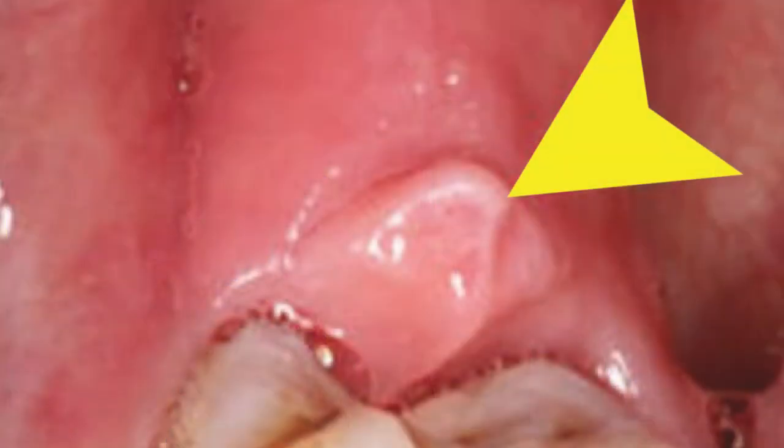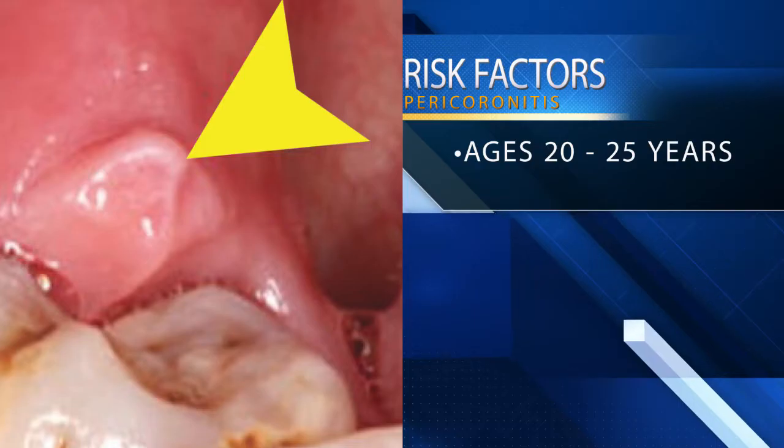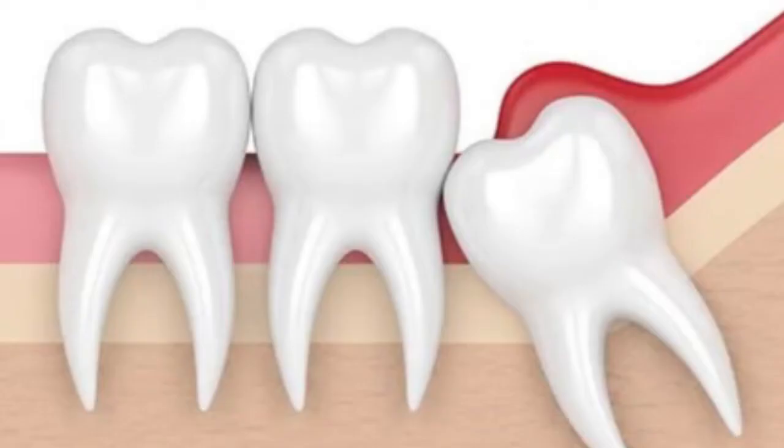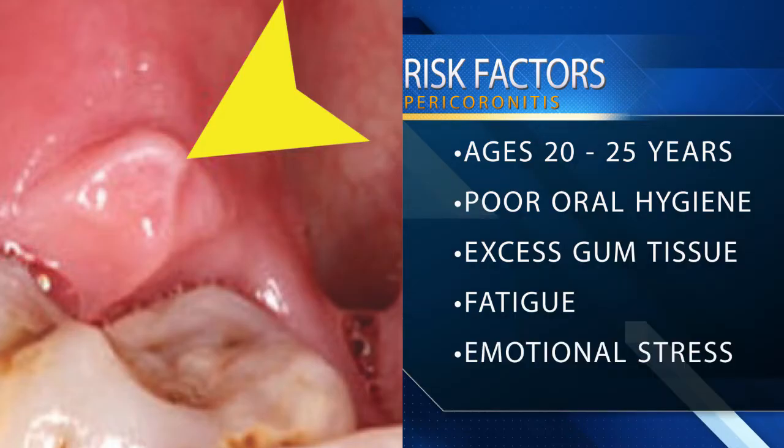However, there are some risk factors that can aggravate this condition, and those include being aged between 20 and 25, poor oral hygiene, excess gum tissue, teeth that haven't properly erupted into the mouth, fatigue, emotional stress, and even pregnancy as well.